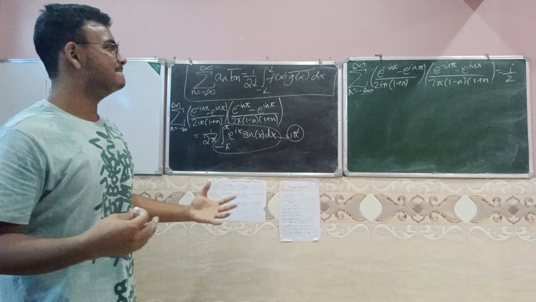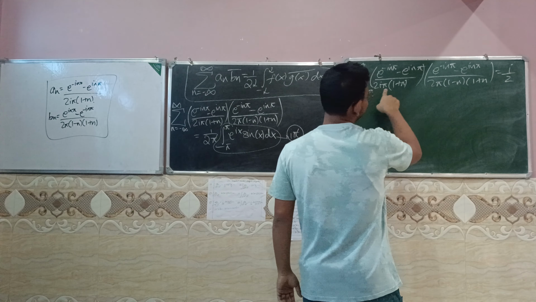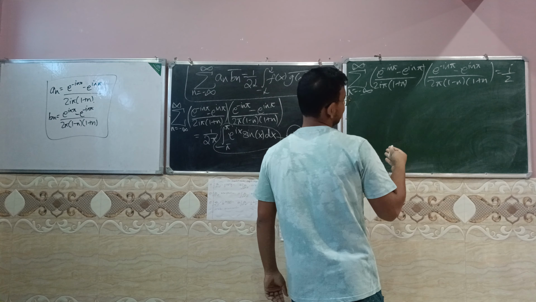That's amazing. Okay, so basically this 2i pi and this 2 pi are constants with respect to n, so we can consider multiplying both sides by 4 pi squared i.